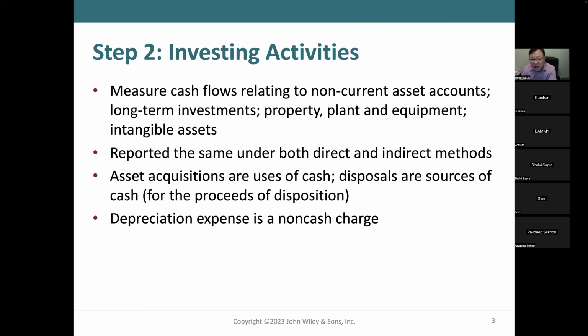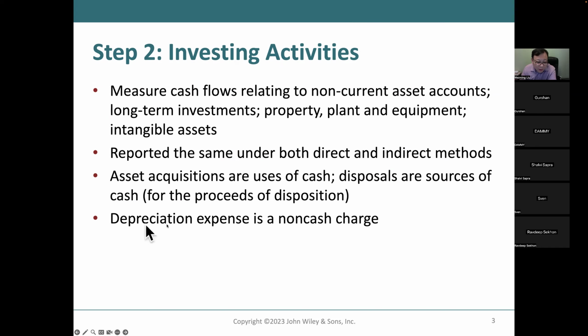Asset acquisitions use cash, so you need to use cash to acquire an asset. Your cash balance will decrease. When you dispose of an asset, you will receive cash, right? You will receive cash.